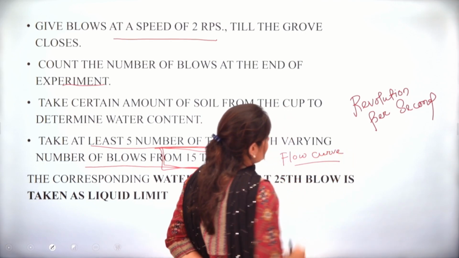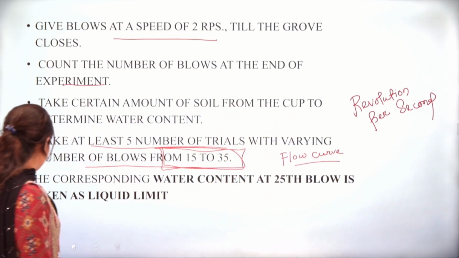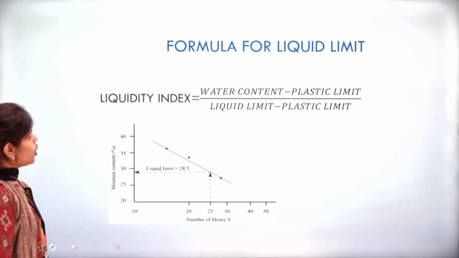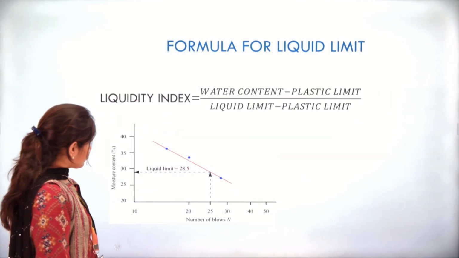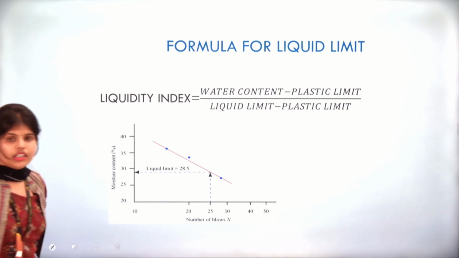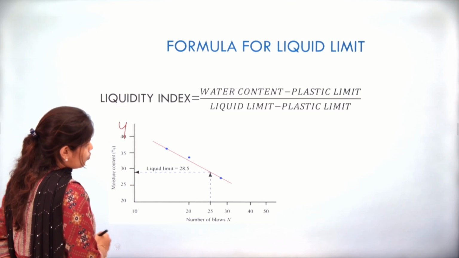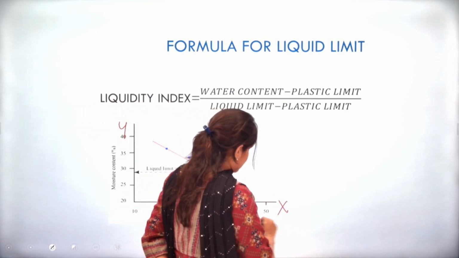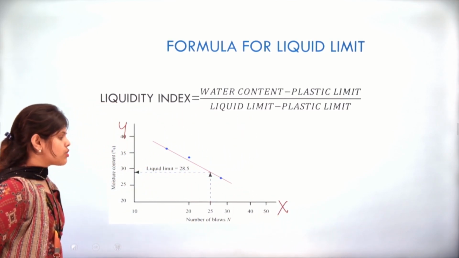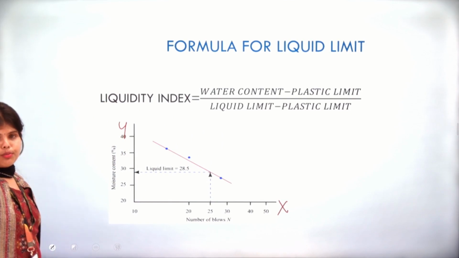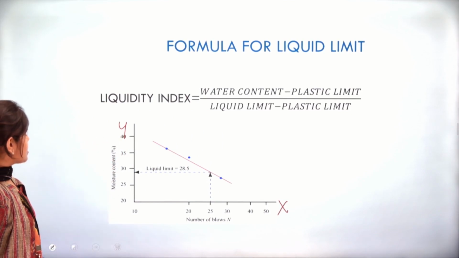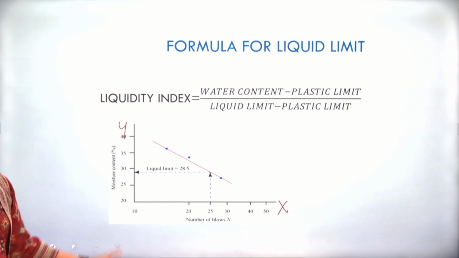So, how to prepare that flow curve? Here you can see the flow curve. Here is the y-axis and x-axis. The x-axis shows the number of blows and the y-axis shows the moisture content in percentage.